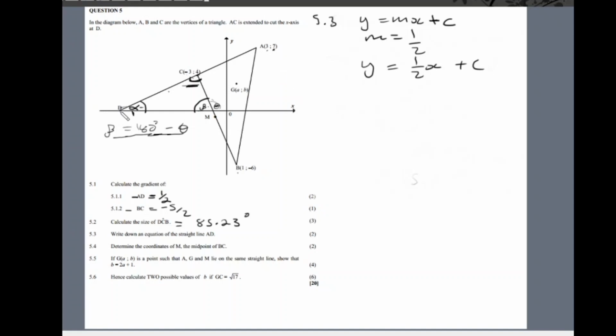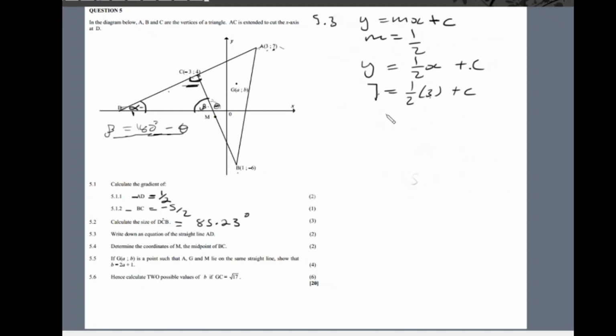In order to calculate c, I'll use this. So we want the equation of this line AD. In order to calculate c, I can use one of these points, A or C, to calculate the value of c. Right, so if I substitute the point A into that equation, if I substitute 7 and 3, I can solve for c. Right, when x is 3, y has to be 7.